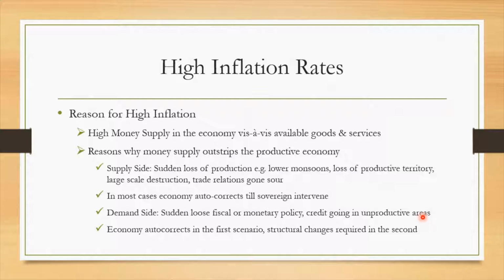What are those unproductive areas? Essentially asset markets, primarily real estate. In the supply side case, unless the sovereign intervenes, the economy autocorrects itself. However, in some of the demand side situations, structural changes are required to correct the anomalies.